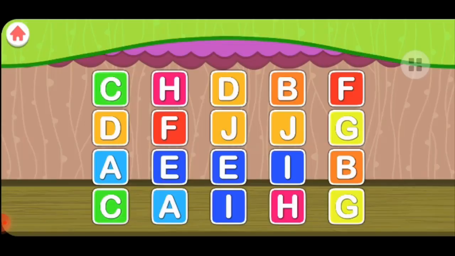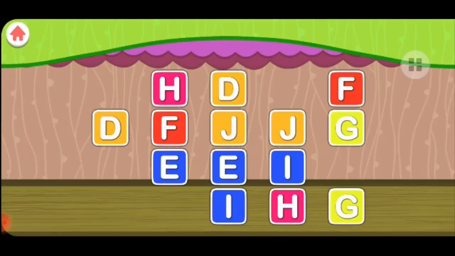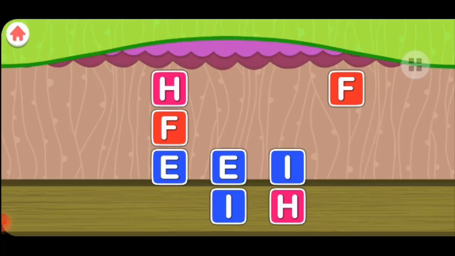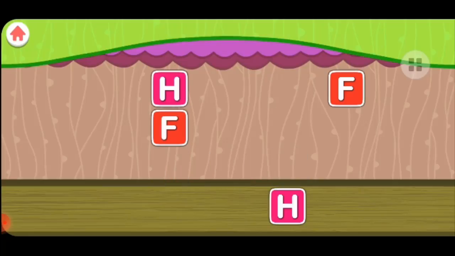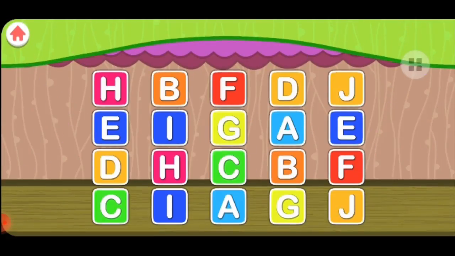For example, A with A. B with B. C with C. D with D. G, I with I, E with E, H, F.